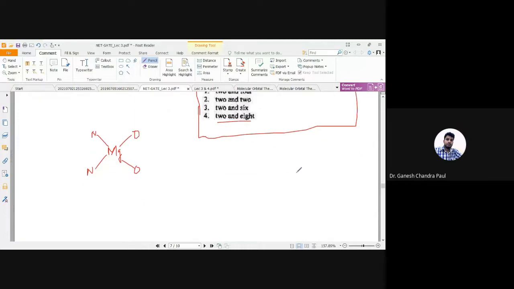The structure of EDTA, I just write it: this is ethylene diamine tetraacetic acid, with COOH, then CH2 COOH, and another CH2 COOH, then CH2 COOH.